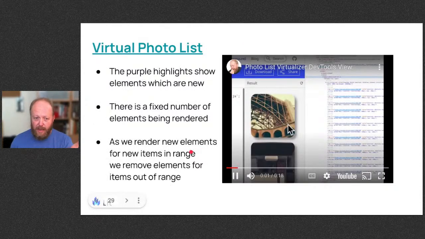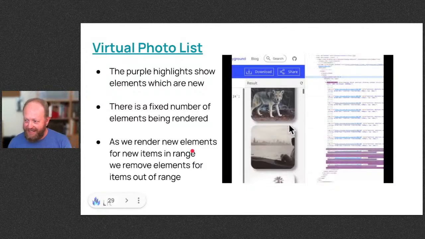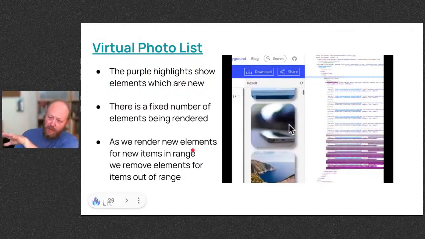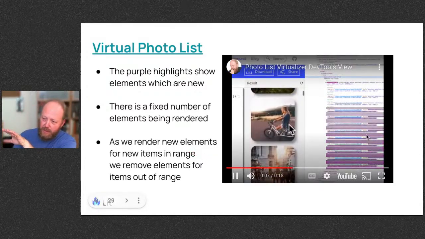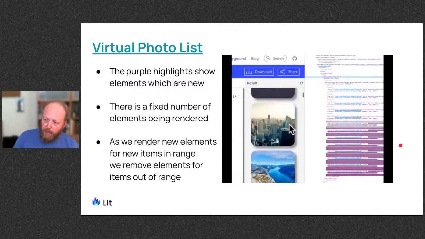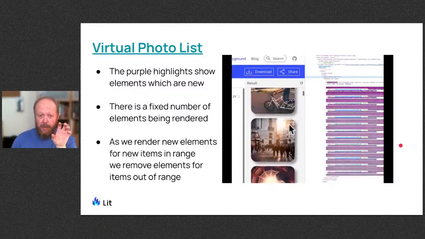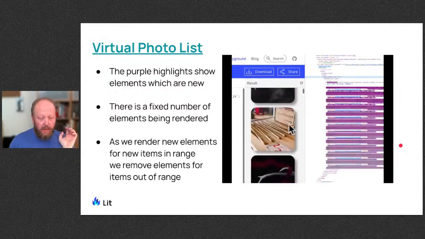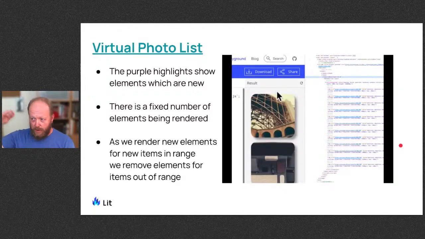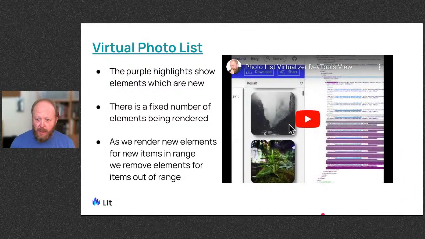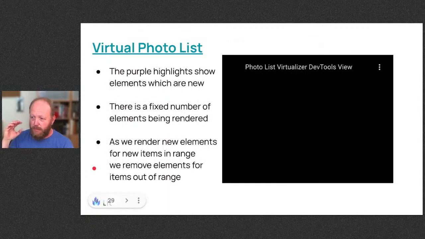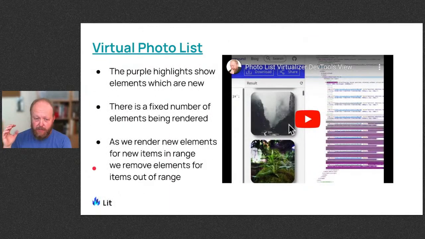So here's a live example that I recorded and is no longer live, where you can actually see I'm scrolling through the items, and in DevTools, it represents in purple those DOM nodes that it's actually adding and removing. So as we're scrolling, you can see it's actually inserting and deleting DOM nodes. That's pretty cool because that means now we have a fixed number of elements being rendered at any given time.